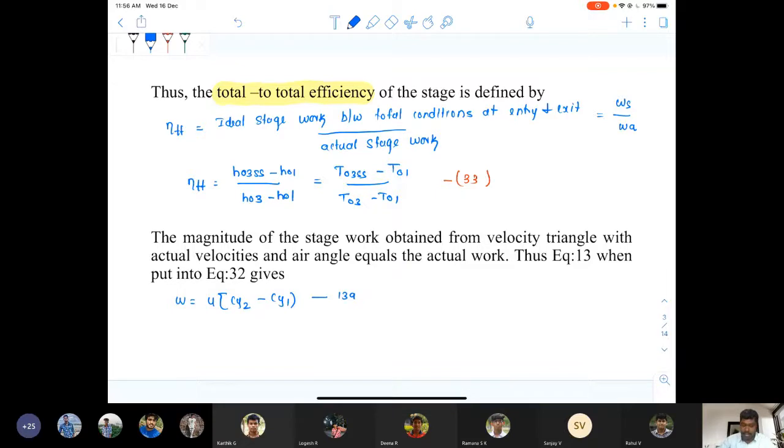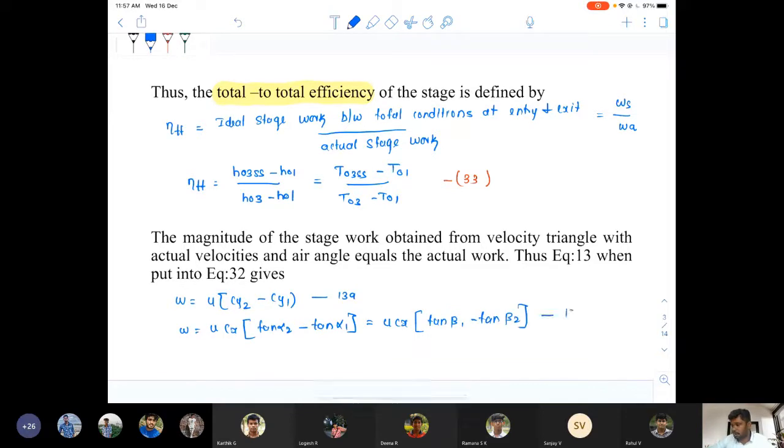W will be equal to U Cx into tan alpha 2 minus tan alpha 1, which is equal to U into Cx into tan beta 1 minus tan beta 2.